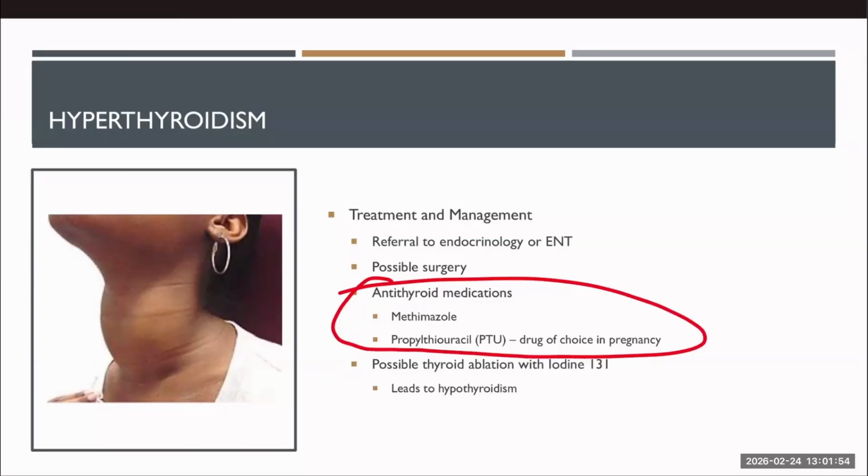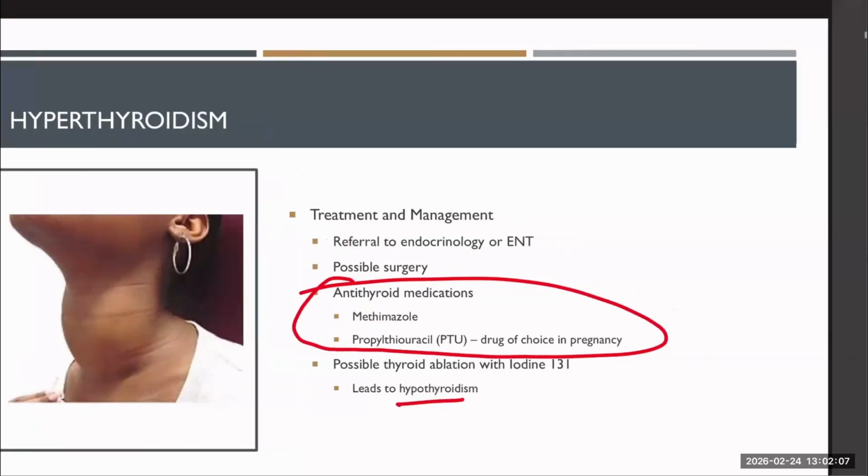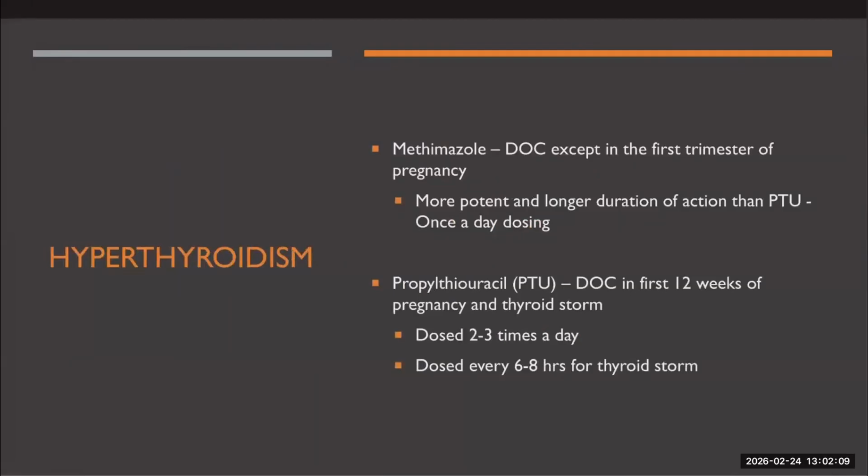And you can also do thyroid ablation with iodine 131. But if you ablate the thyroid, you can eventually cause hypothyroidism because you basically burnt out the thyroid. So methimazole is a drug of choice, except when they're pregnant. Therefore, if they're pregnant or any risk or they want to become pregnant, just start the PTU.